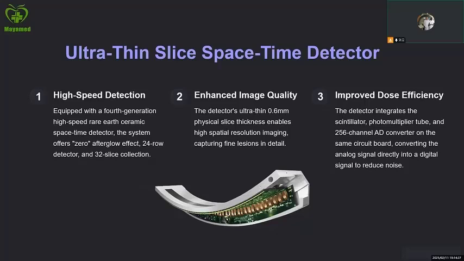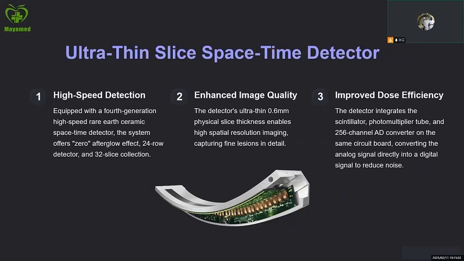And regarding the detector, which is also a very important component of the CT scan, this CT scan has a high-speed detector equipped with a 4th generation high-speed rare earth ceramic detector. The system offers zero afterglow effect.